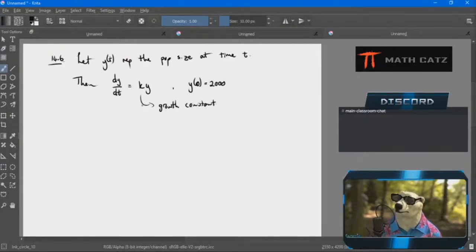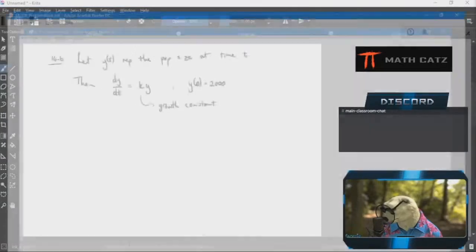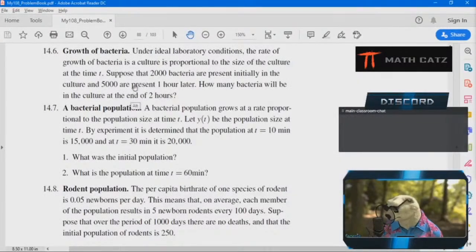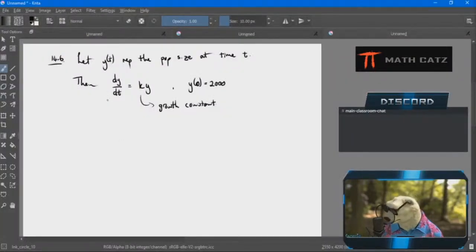We have to figure it out soon, but we don't know right now. Before I can even worry about their questions about 5,000 are present an hour later, how many bacteria will be in the culture at the end of 2 hours, I have no idea. I would need the function to answer any of those questions.